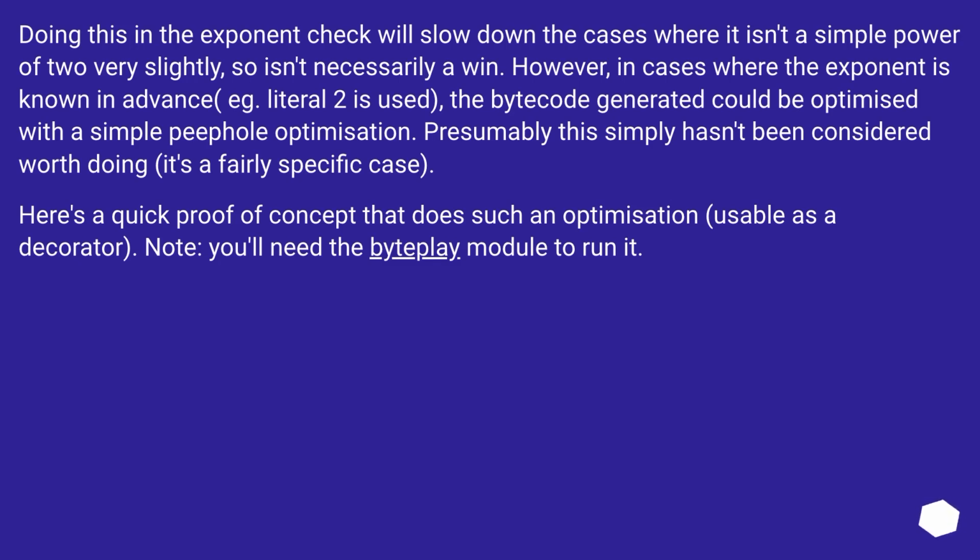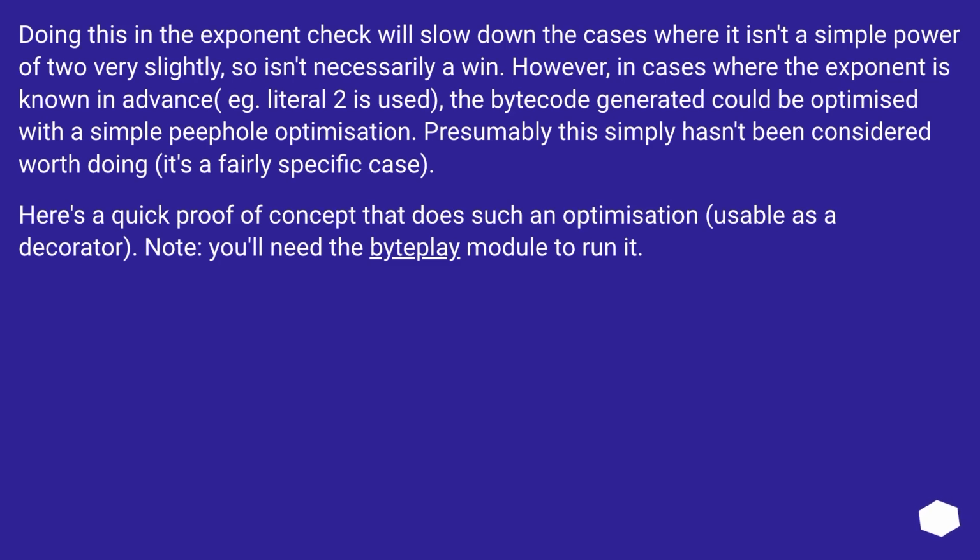However, in cases where the exponent is known in advance, e.g. literal 2 is used, the bytecode generated could be optimized with a simple peephole optimization. Presumably this simply hasn't been considered worth doing. It's a fairly specific case. Here's a quick proof of concept that does such an optimization, usable as a decorator.